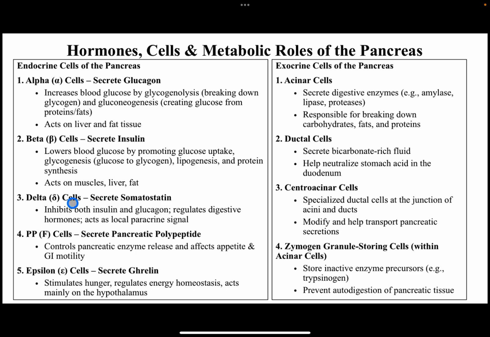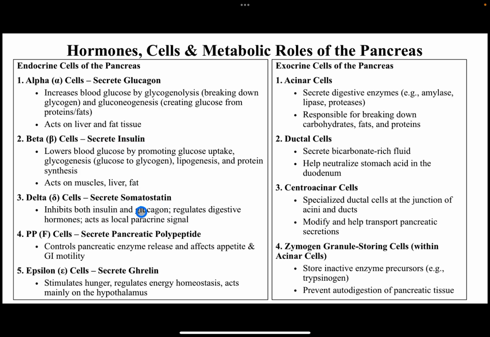Is that okay? Then we have the delta cells. The delta cells secrete somatostatin. Somatostatin actually regulates both glucagon and insulin. So anytime your body is producing a lot of glucagon, somatostatin will come and neutralize. If your pancreatic islets are producing a lot of insulin, somatostatin will come and act as a neutralizer.